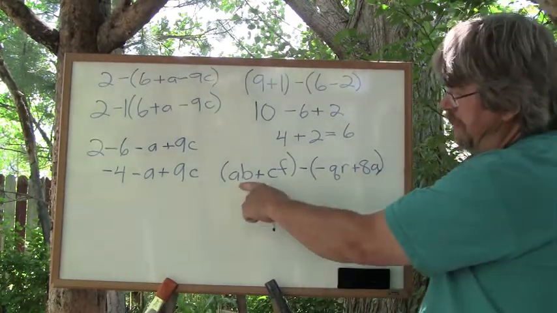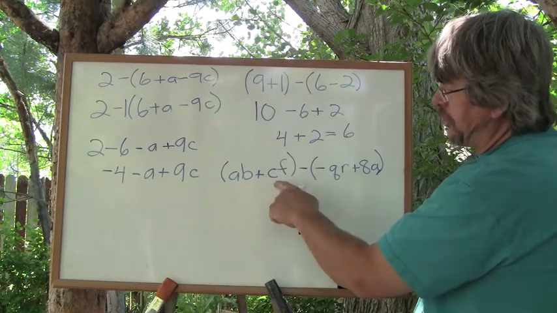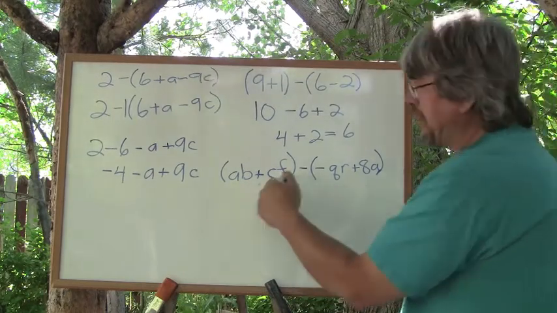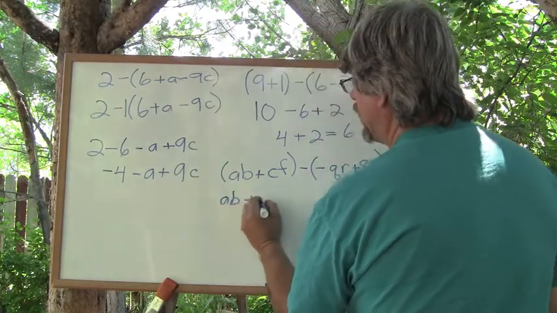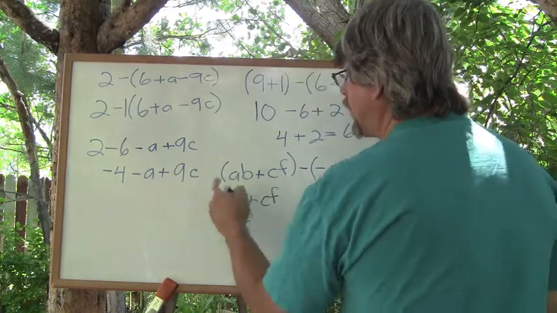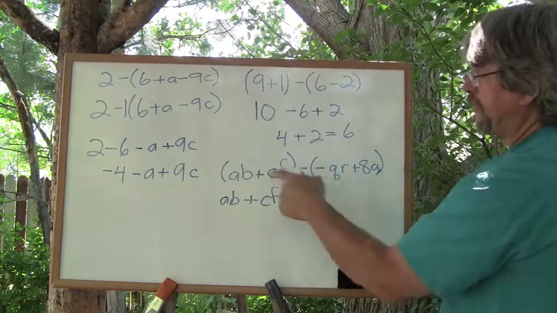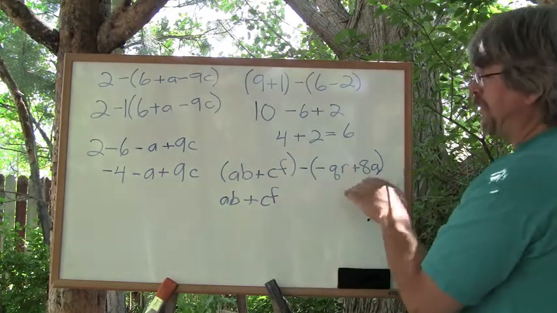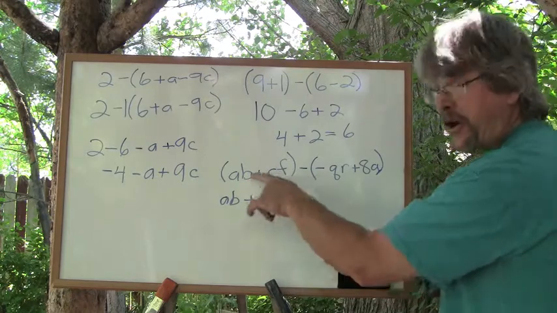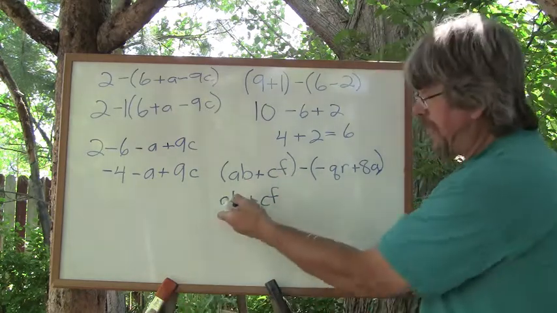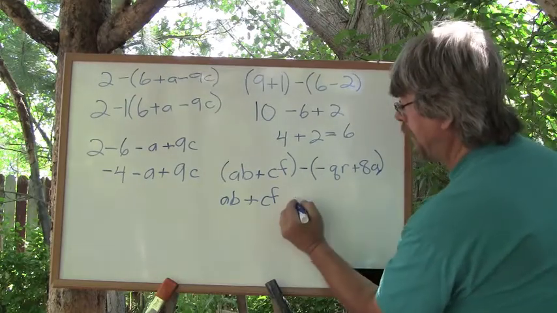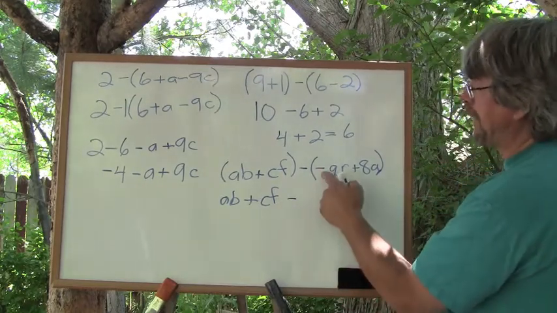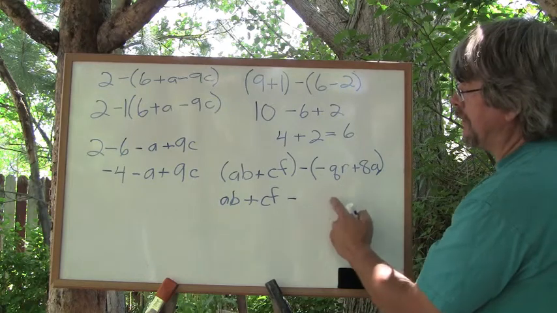We look for common themes. We look for like terms. There's no like terms here, so we can simply copy these out. We don't have to include the parenthesis. They're just there to show this is the first group, this is the second group. Now that we know there are no like terms, we can simply write out the terms AB plus CF minus a minus QR.